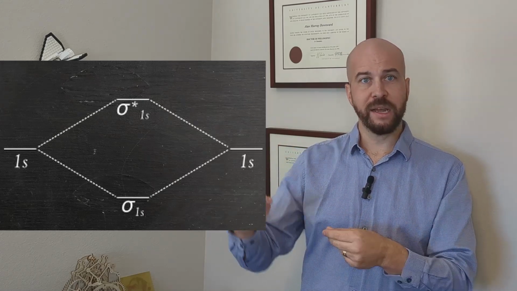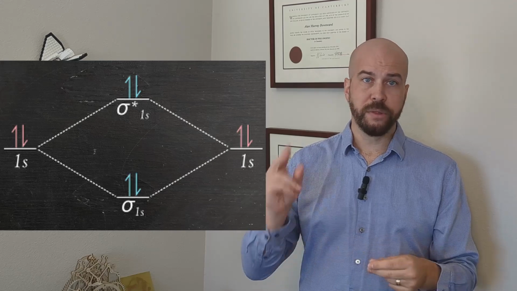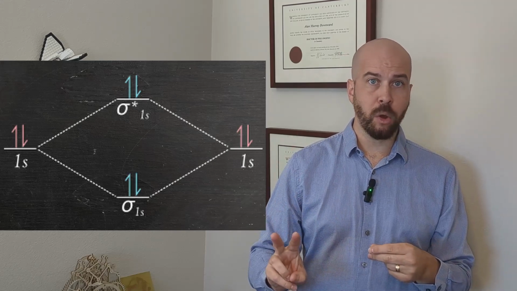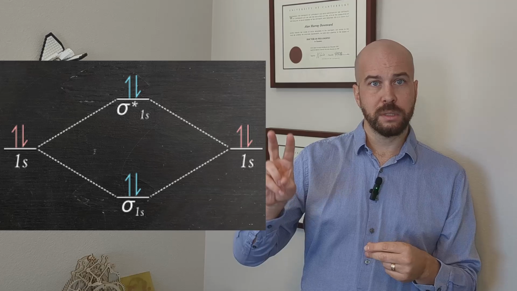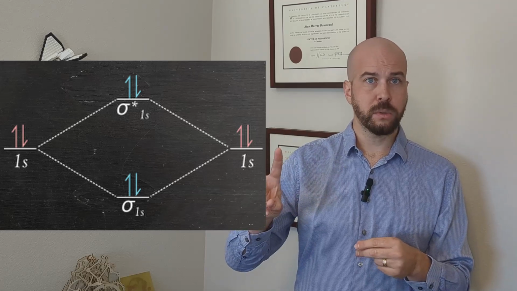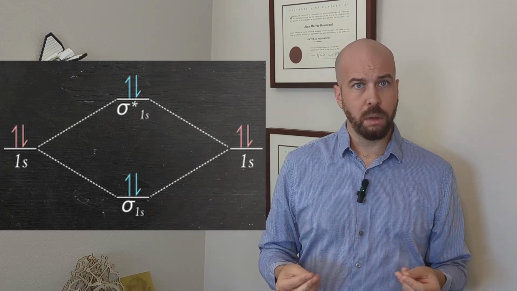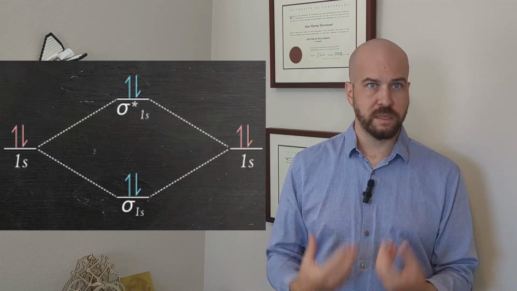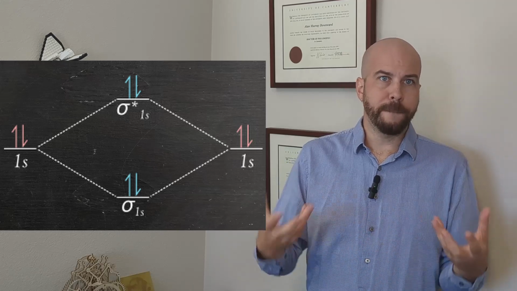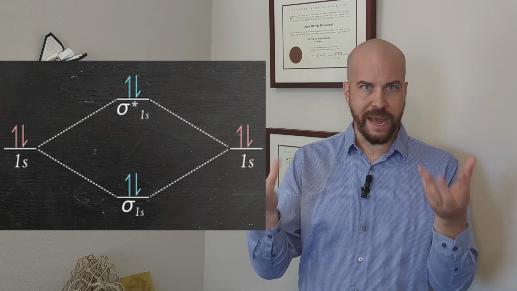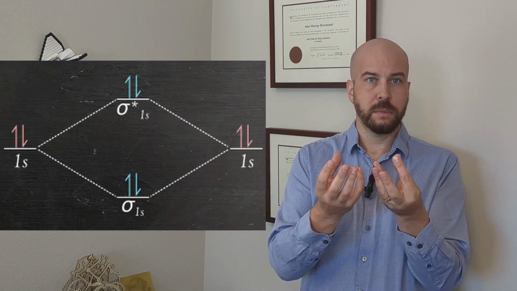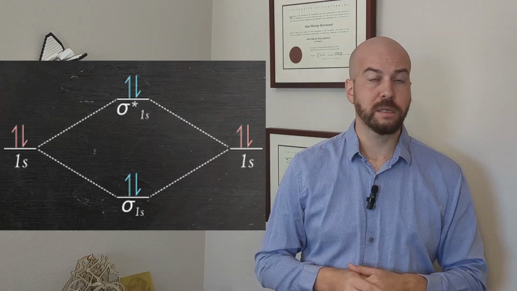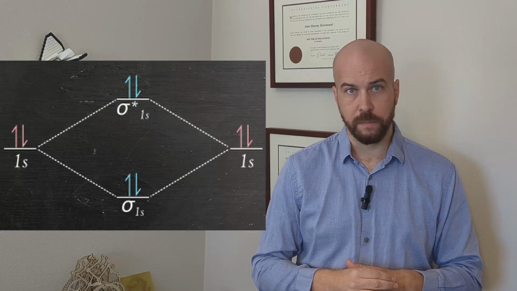When we put all of the electrons in, we end up with 2 electrons in a bonding orbital and 2 electrons in an antibonding orbital. So overall, the bond order is 0. So there's no benefit to these two atoms being bound together. So they just drift apart and go and do their own thing.